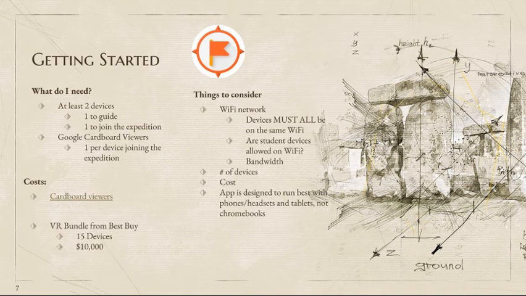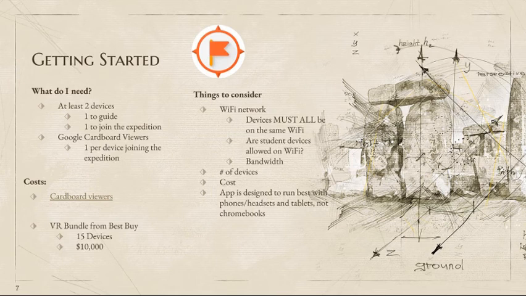You need to look at your Wi-Fi network. You need to make sure that all of your devices can access the Wi-Fi, and they have to be on the same Wi-Fi because this is a peer-to-peer app. So your guiding device needs to be on the same Wi-Fi as those devices joining the expedition.